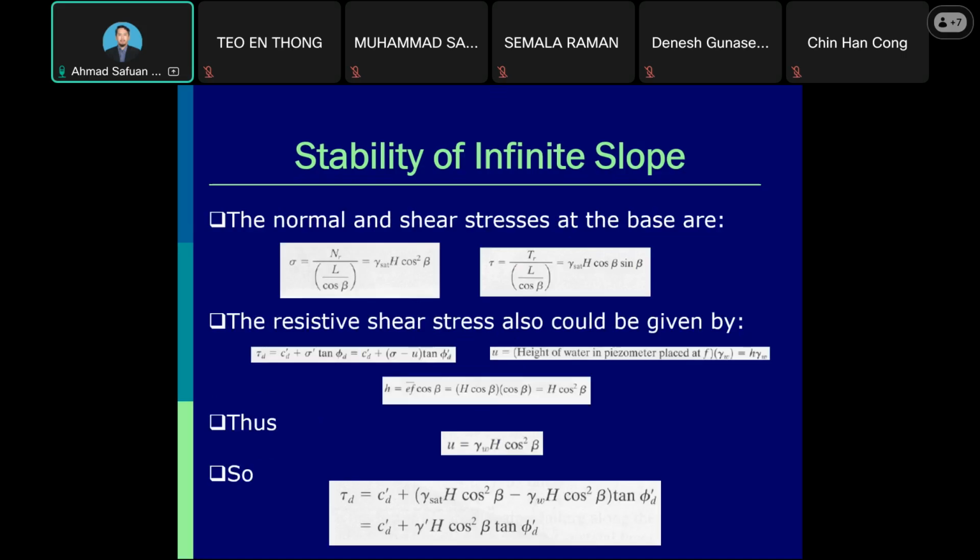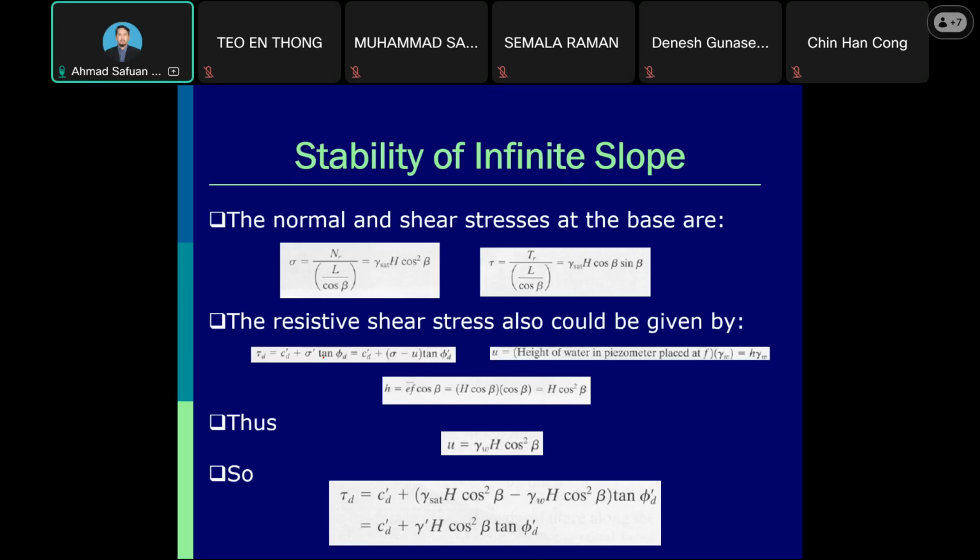So NR over L over cos beta is equal to gamma sat H cos square beta, and TR over L over cos beta is equal to gamma sat H cos beta sine beta. The resistive shear strength can also be given by this, which is for the resistive stress.